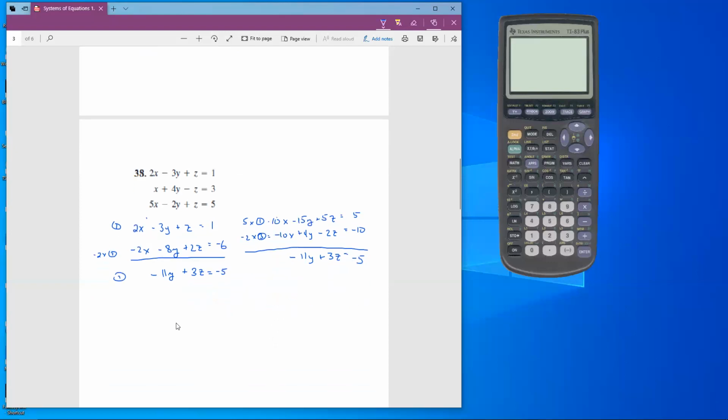You may have noticed something already. So we have equation 1. Okay, this is our new equation 3, by the way, right here. Okay, this is our new equation over here. This is 2. All right. So we have 2x minus 3y plus z is equal to 1. We have negative, let's go ahead and erase that.